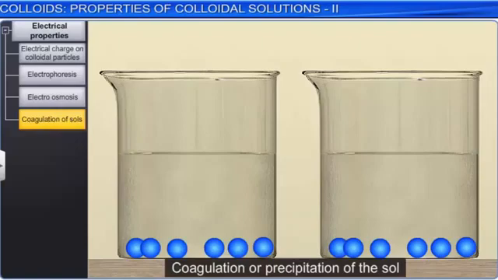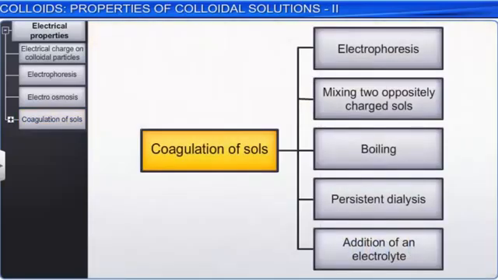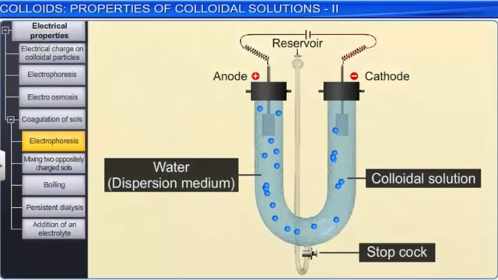The coagulation of a lyophobic colloidal solution can be achieved in a number of ways. One method is electrophoresis. You know that the colloidal particles in a colloidal dispersion move towards a particular electrode under the influence of an electrical field.